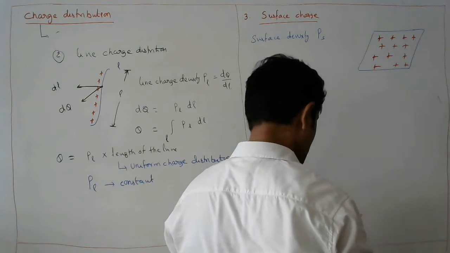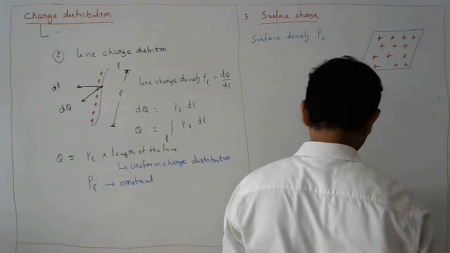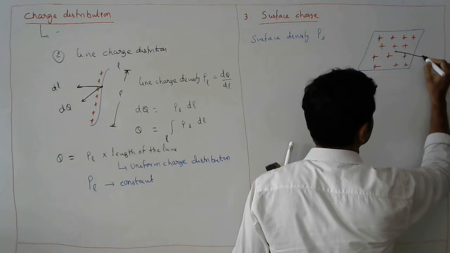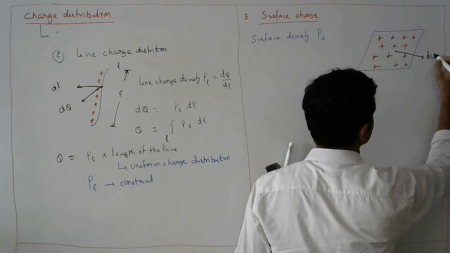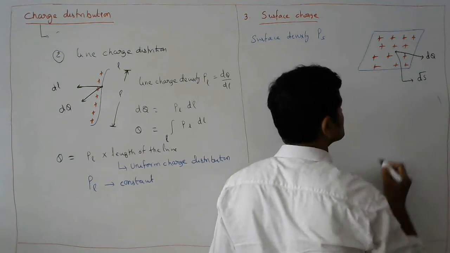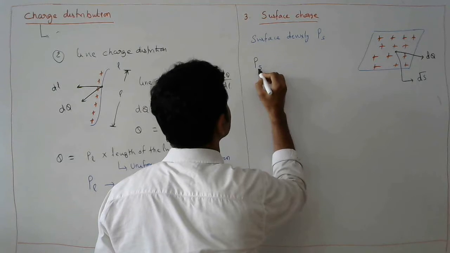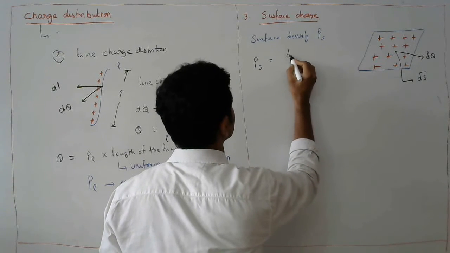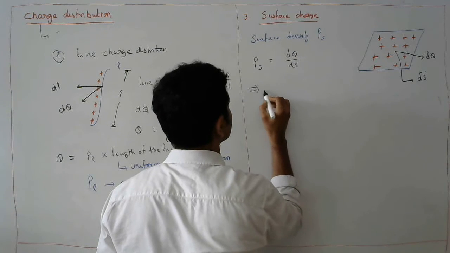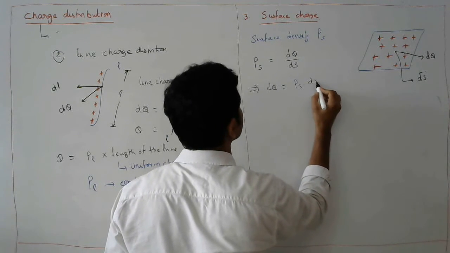If it is charged, then at any one particular point on the surface the charge is dQ. At that location, the surface element is ds. The surface charge density is rho s equal to dQ by ds. So dQ is equal to rho s into ds.